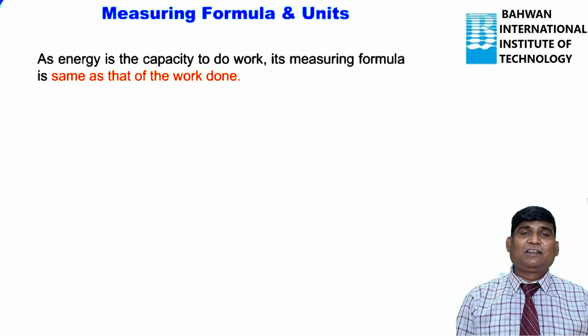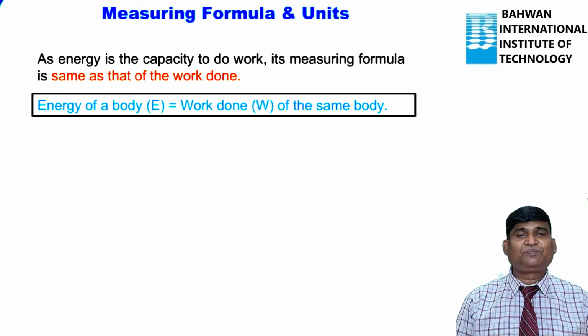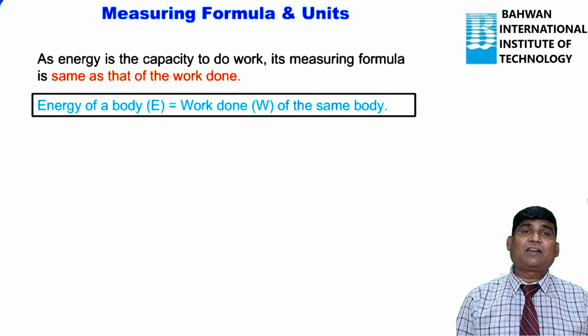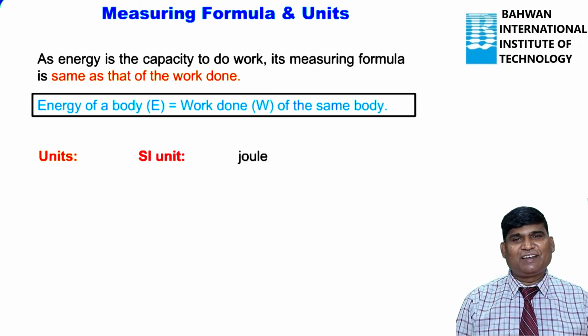That means energy and work are both measured using the same unit. The energy of the body is nothing but the work done by the same body. The energy possessed by the raised hammer is equal to the work done by the raised hammer in breaking the stones. What is that unit?